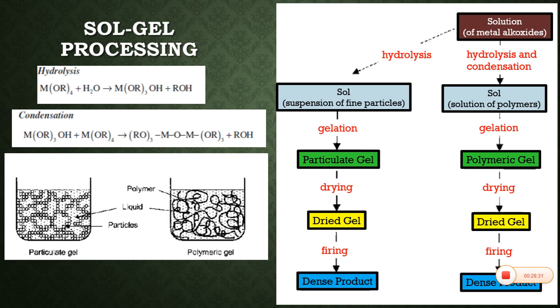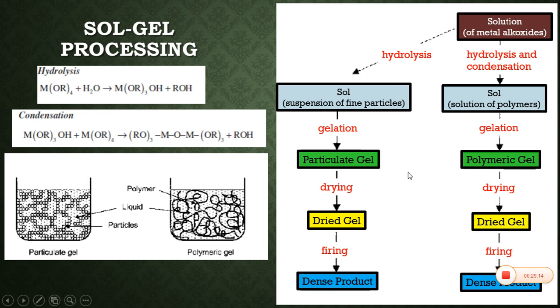One is the particulate gel, in which the gel material consists of colloidal particles that have been joined together by surface forces to form a network, while the other is the polymeric gel. A polymeric gel is a solution in which metal organic compounds form a network, or a chain of polymeric chains, by undergoing the reactions of hydrolysis and condensation.